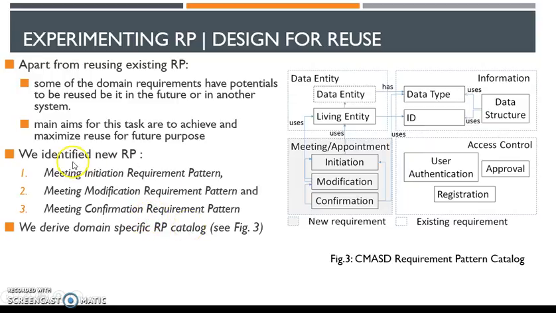Based on these requirements patterns, we further derived the domain-specific requirements pattern catalog. Here, we put all the requirements patterns that we mapped from WTL's requirements pattern catalog and added our 3 new requirements patterns.